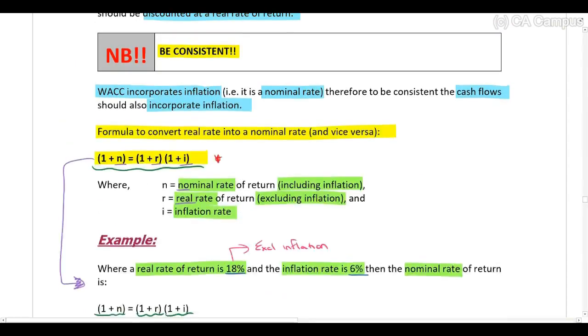because if they give you the WACC, you know that the WACC already takes inflation into account. So you just need to make sure that your cash flows also take inflation into account, and you're then ready to go.